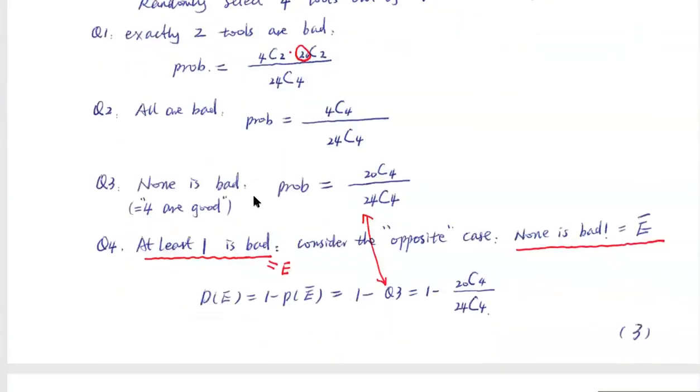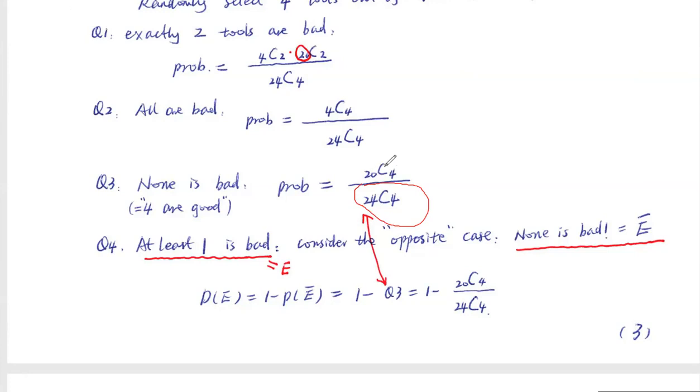Question number 3. We are asking what's the probability for those 4 tools we are selecting, none of them are bad. So in other words, for those 4 tools that we are selecting, all of them are good, right? So in that case, the denominator is the same, the difference is coming from the numerator.